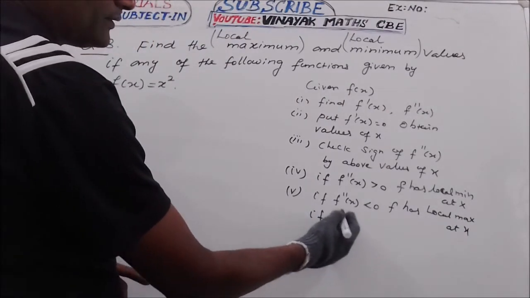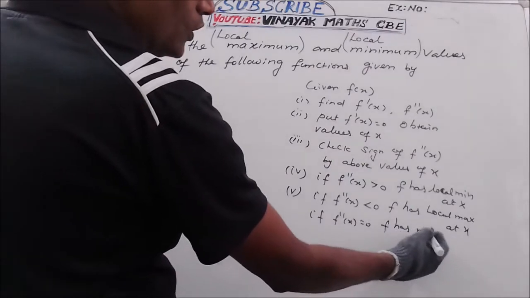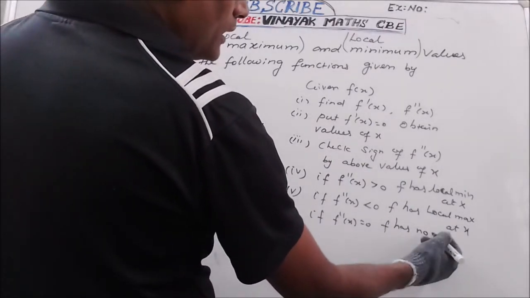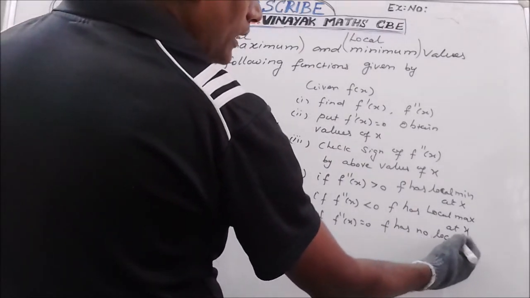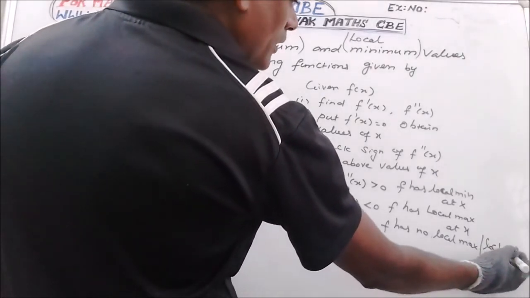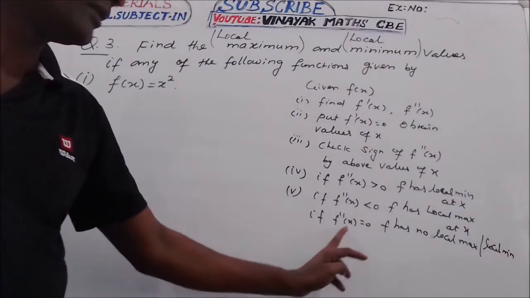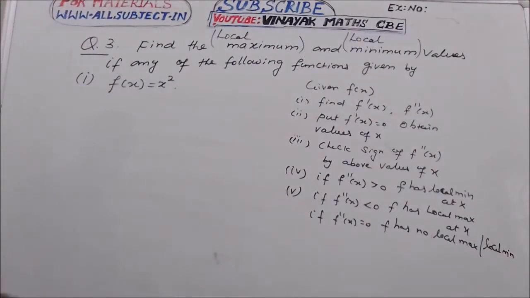Suppose f double dash of x is equal to 0, then f has no local maximum or local minimum.